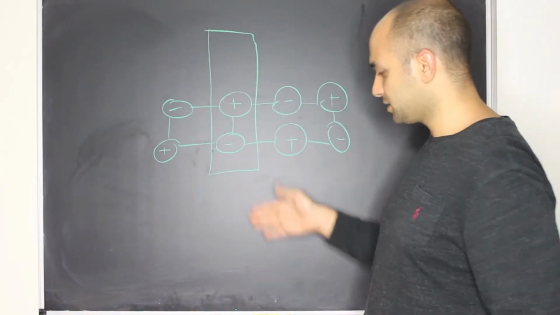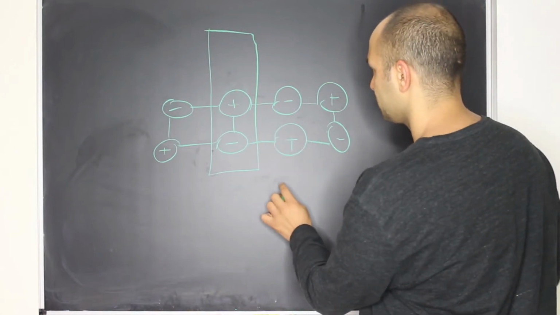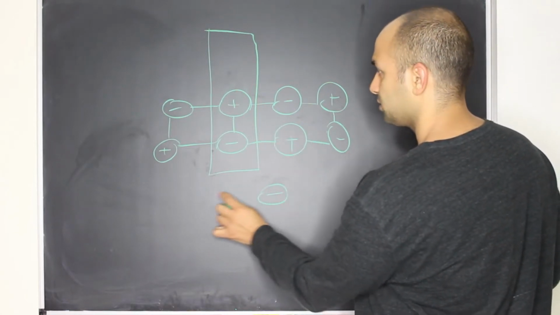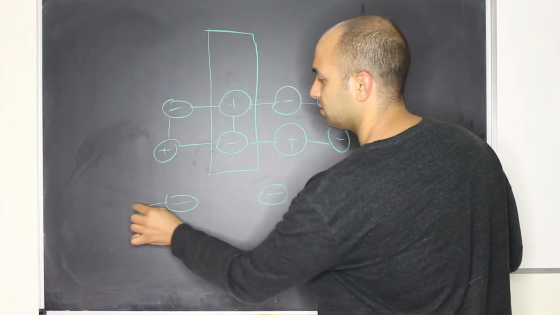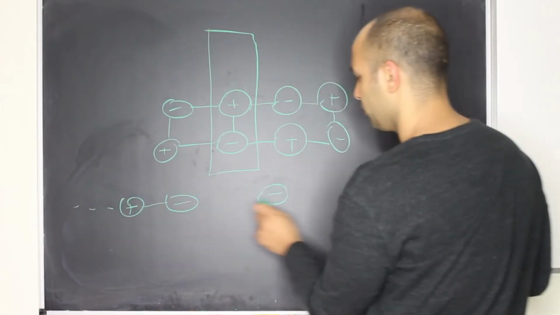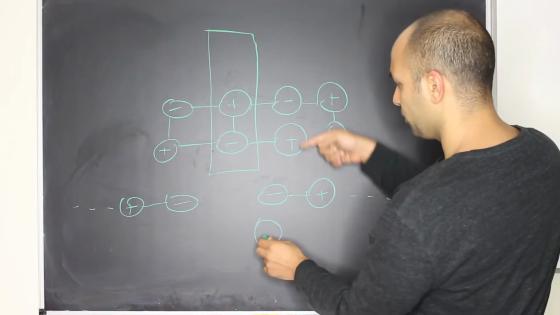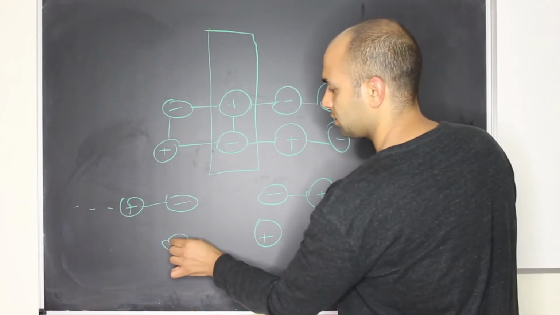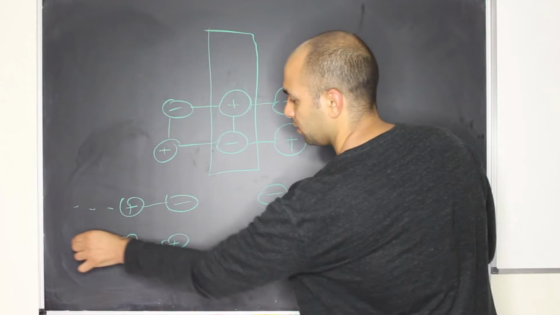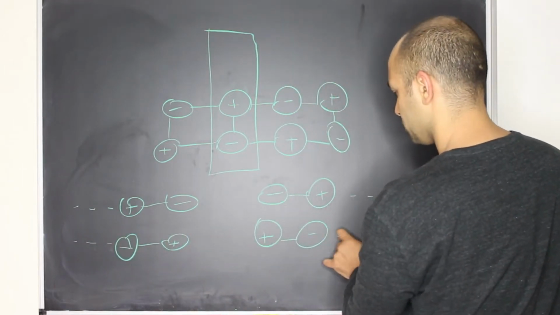I'm taking this out, and what you're left with is minus, and on this side also minus, and then plus, and it keeps going, and here you have plus, and below it you have plus, and then minus, and it keeps going.